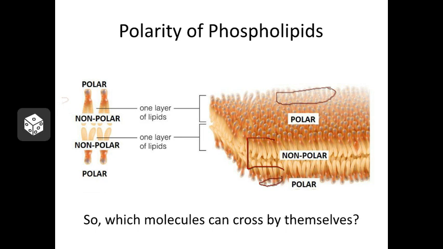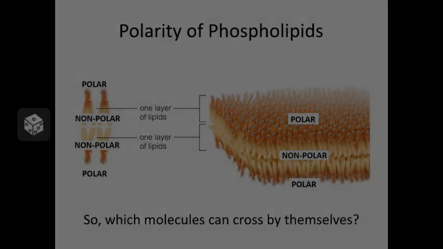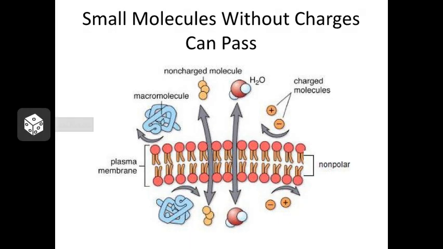Now really, it's the nonpolar layer in the middle that helps decide who can come in and who can go out. So that begs the question, which molecules can do this? Which ones can cross by themselves and which ones can't? In general, small molecules and molecules that do not have charges can pass through the membrane by themselves.